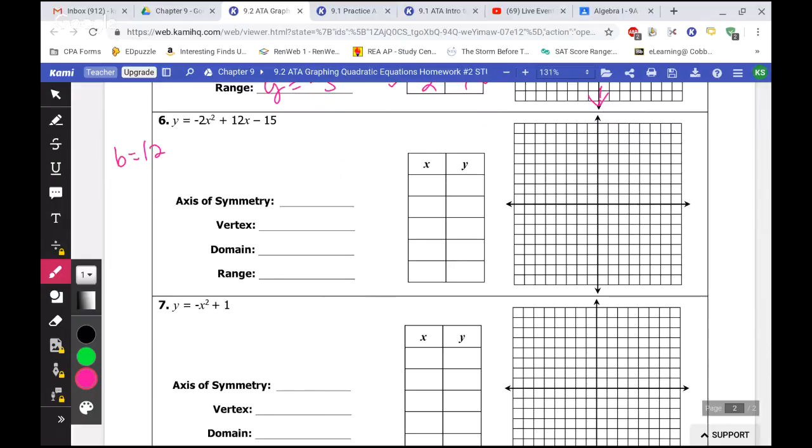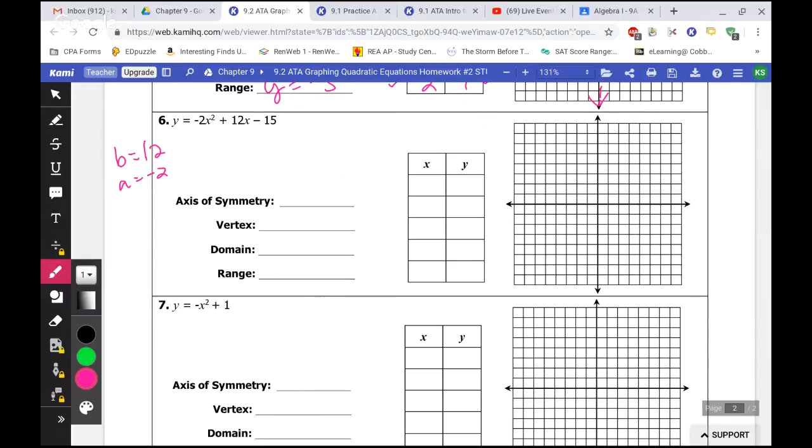All right, so the B value is 12. And the A value is what? What is the A value for number 6? -2.